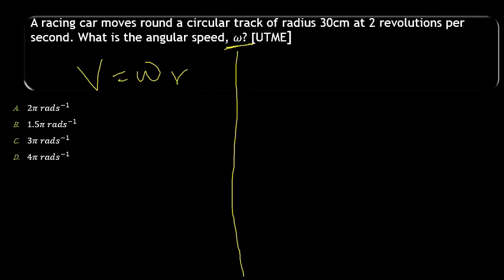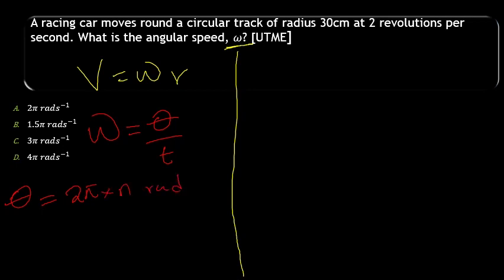Remember that omega, angular speed or angular velocity, is equal to angular displacement all over time. And remember that angular displacement in radian is 2 pi times n, the number of cycles, in rad. Therefore omega is equal to 2 pi n all over time.